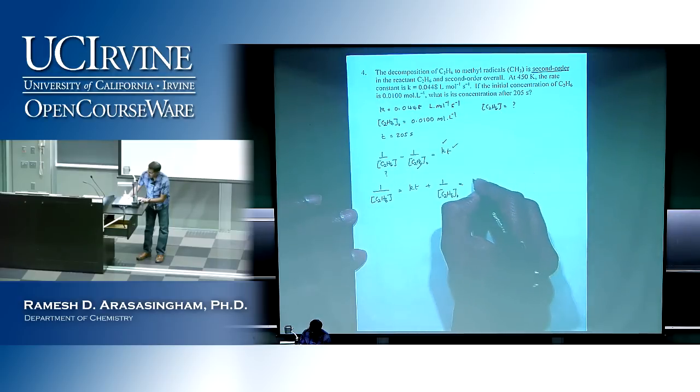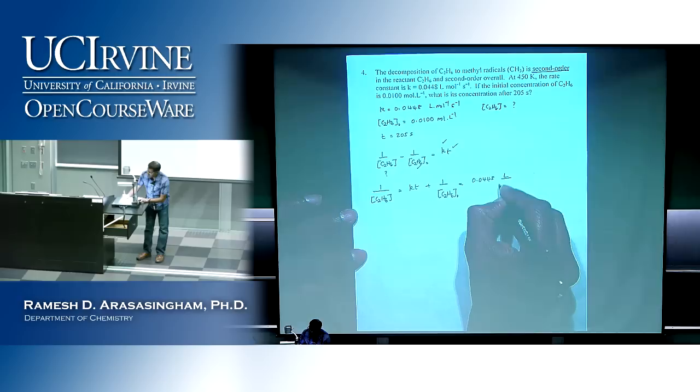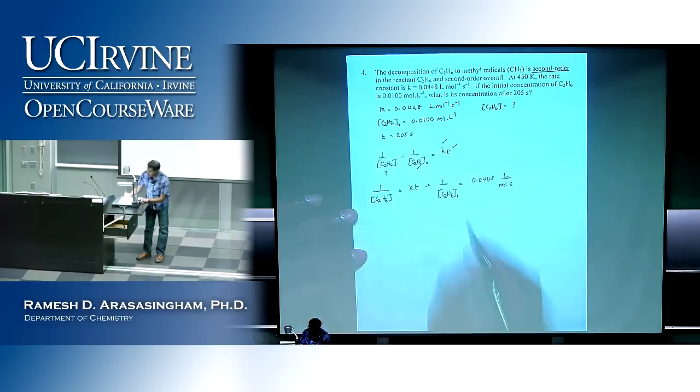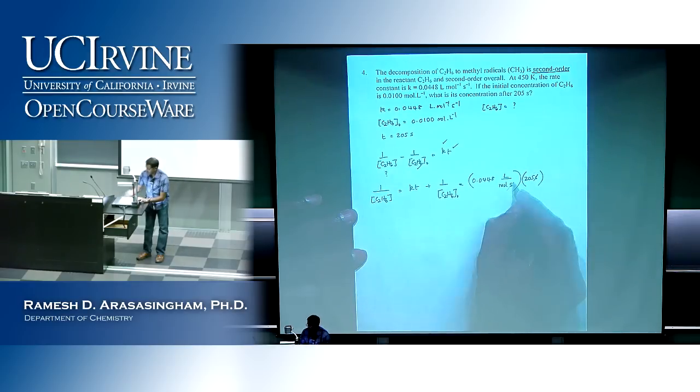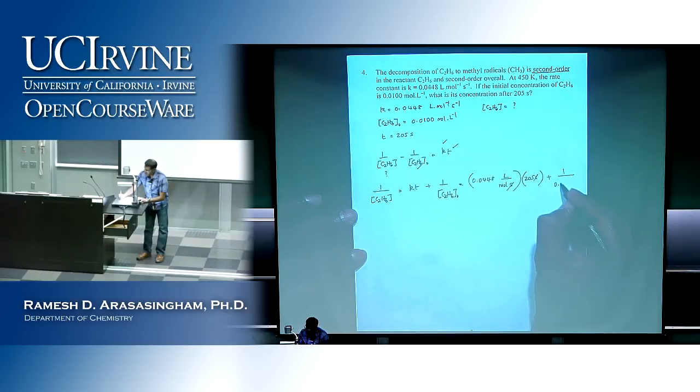k is 0.0448 liters per mole per second times the time, 205 seconds. So this and this will cancel out, plus 1 over 0.0100 moles per liter.